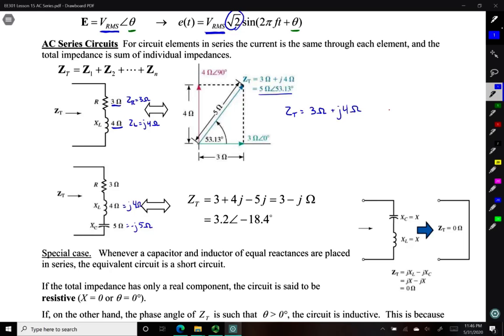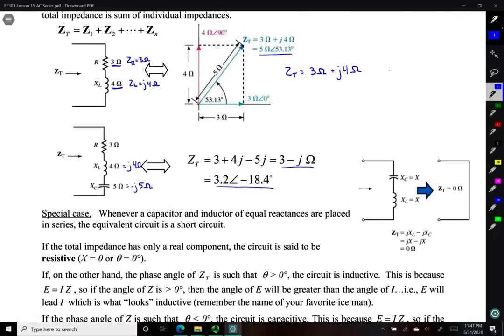We find the sum of all those quantities and we get both our rectangular and our polar form of our total impedance. With the introduction of these positive and negative J terms that we can have for an inductor or capacitor, we have this special case where the reactances could actually cancel out if they had the same magnitude. And if they were the only elements within a circuit, we would actually get a short for that part of the circuit.